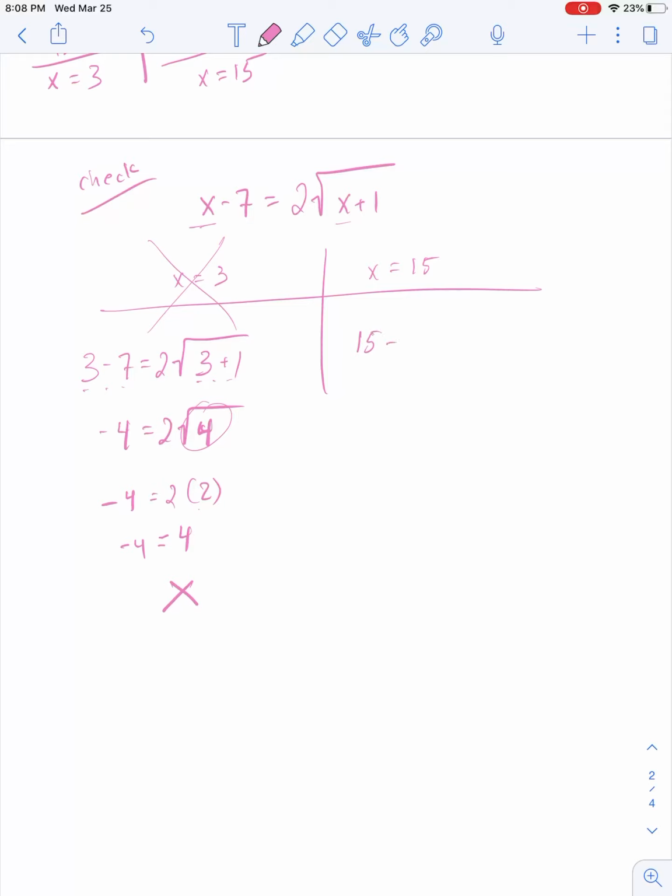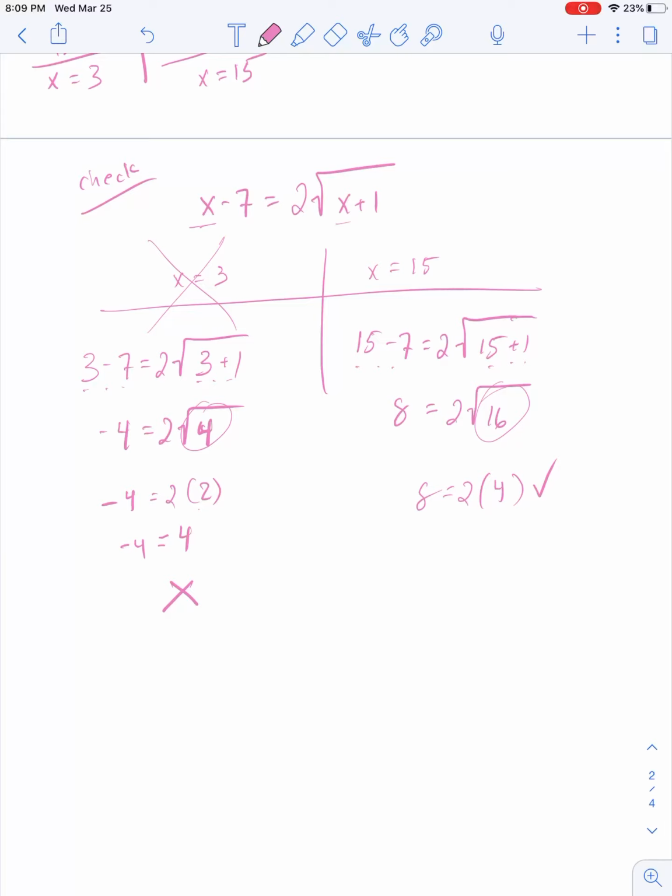All right, let's do it again. 15 minus 7 equals 2 square root of 15 plus 1. 15 minus 7 is 8. 15 plus 1 is 16. Square root of 16 is, I'm sorry, is 4.